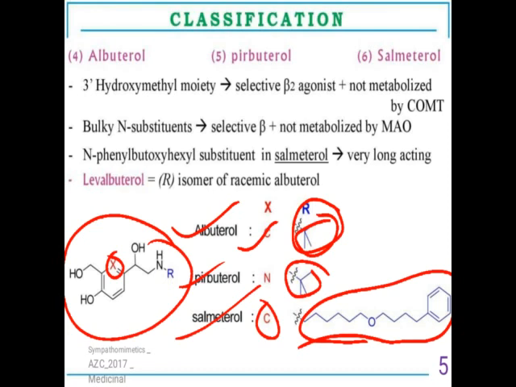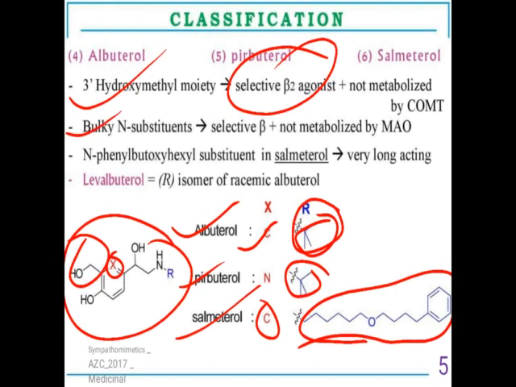All these structures have the CH2OH group instead of the hydroxy part, that is the 3-hydroxymethyl moiety. So the drug becomes more active towards the beta 2 receptor. Due to the bulky substitution here, it becomes a selective beta 2 agonist.